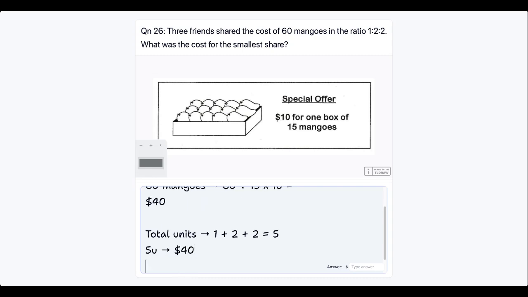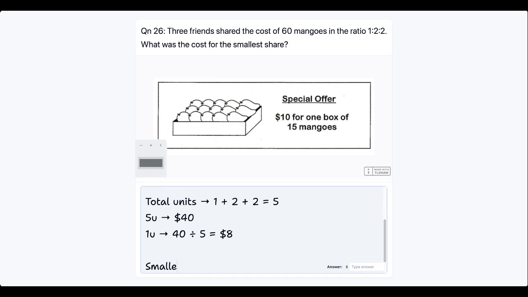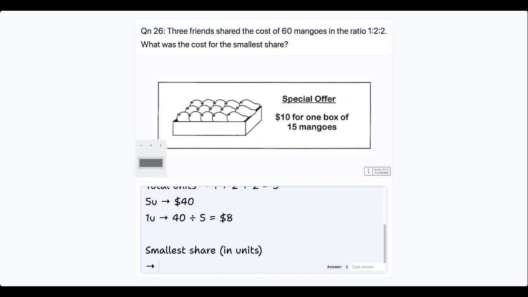Then 1 unit is equal to 40 divided by 5, which is $8. What's the smallest share? The smallest share is 1 unit, which is $8. So the answer is $8. All right, that's it.